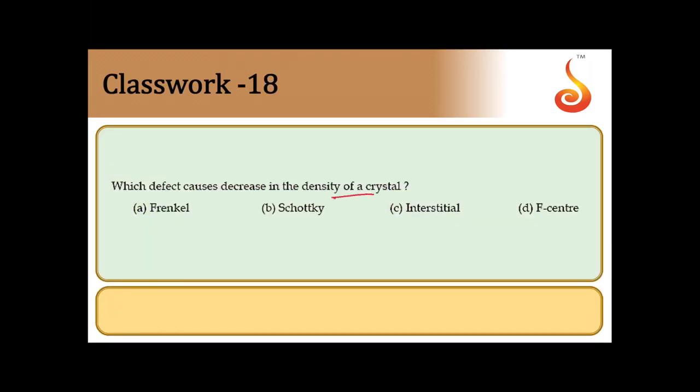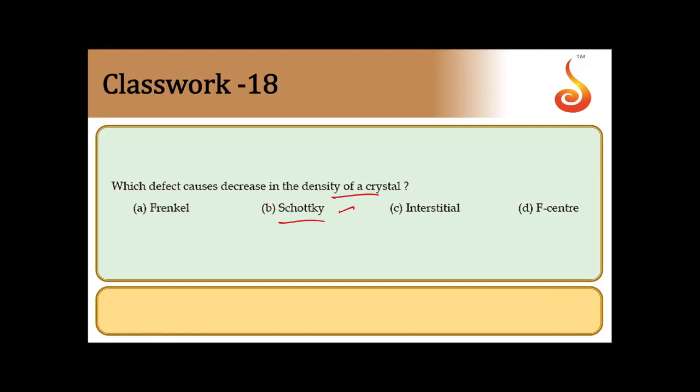Which defect causes a decrease in the density of a crystal? Schottky defect, because a pair of cation and anion will be missing. When a pair is missing, the mass will be lost but the volume remains the same, and thereby the density will decrease.